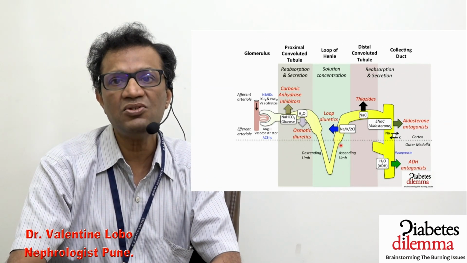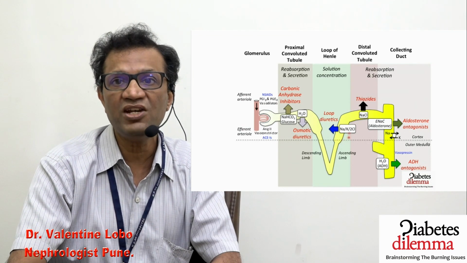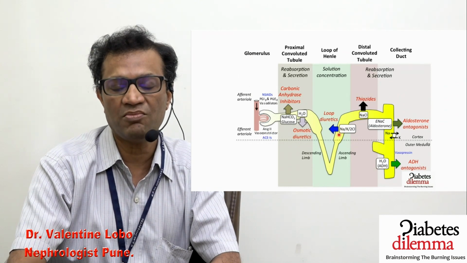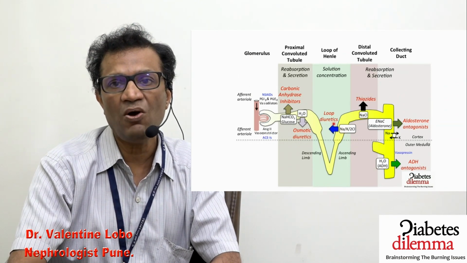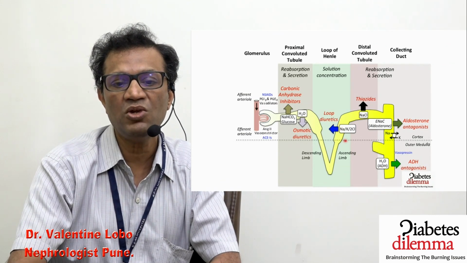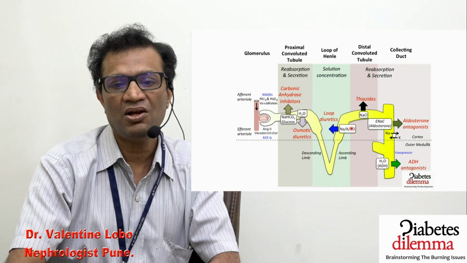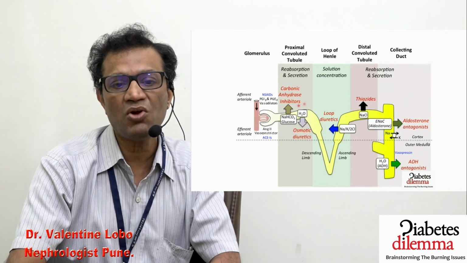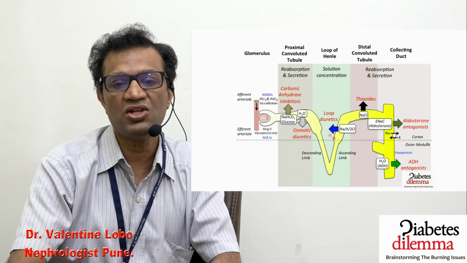In the absence of the diuretics, about 15 to 20% of the sodium and chloride is absorbed in this section, with some amount of potassium, and as we saw, 65 to 70% was absorbed in the proximal convoluted tubule. Now we have an additional 15 to 20% being absorbed, but there is a difference. In the proximal convoluted tubule, sodium, chloride and water were absorbed together, so the fluid did not change its osmolality.